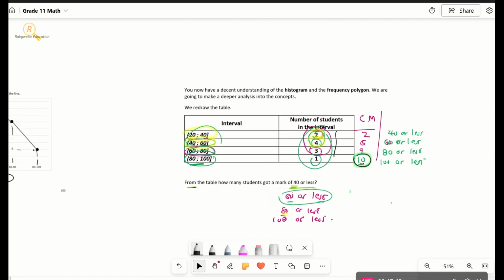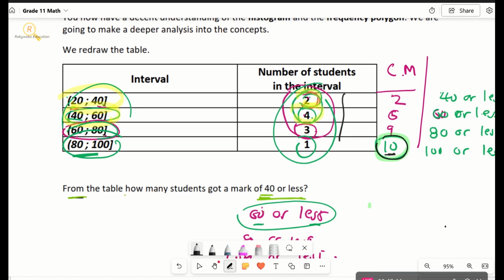Then I asked you guys, let us draw another column from our table. We call this a cumulative frequency column. So what do we have in that column? For the first one, we have the number of learners that got a mark of 40 or less. So it's clearly 2.